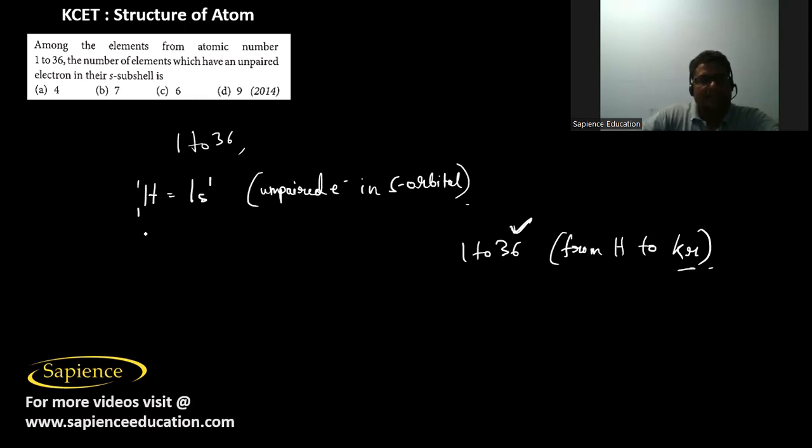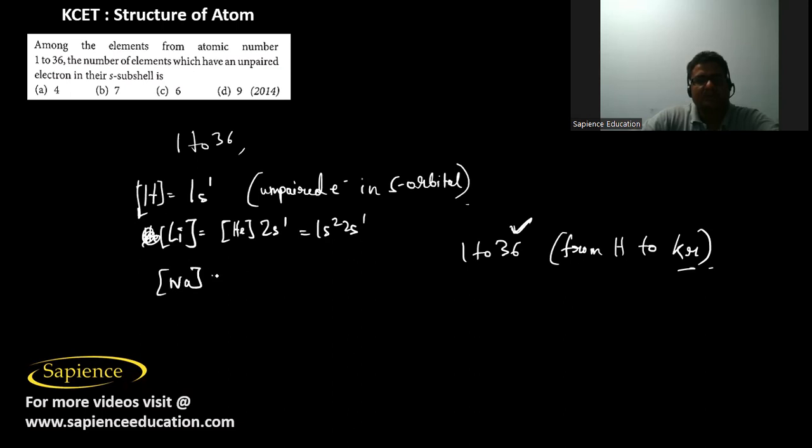So hydrogen, then helium, no. Then lithium has electronic configuration helium 2s1, or I can say 1s2, 2s1. Then the electronic configuration for sodium is neon 3s1.